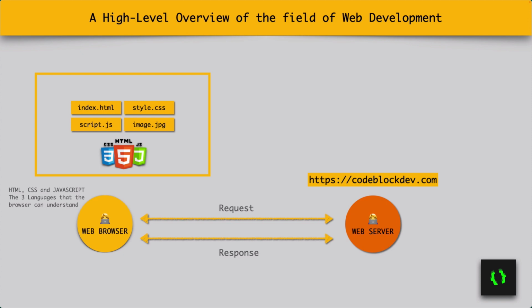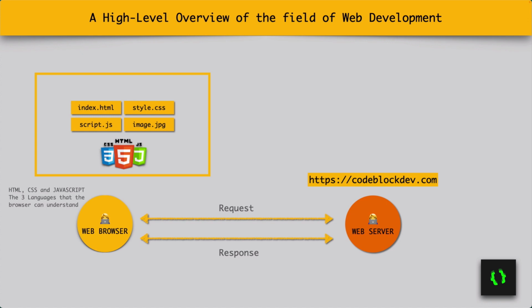Now you can see from these file extensions we have some HTML, CSS and also JavaScript code here, and these are the three languages that browsers can understand. So what this means is that all of the code that makes up a website needs to be always written in these three languages: HTML, CSS and JavaScript, because these are the three core technologies that any browser can understand.